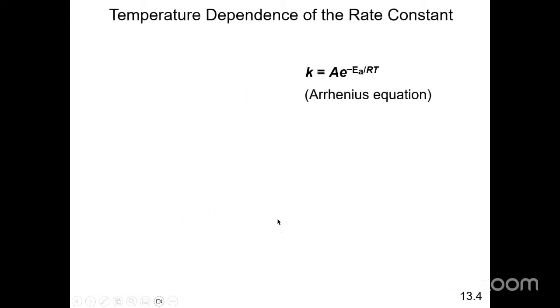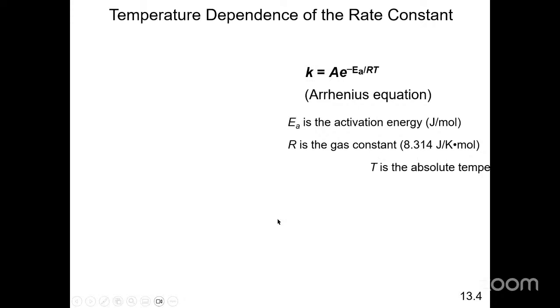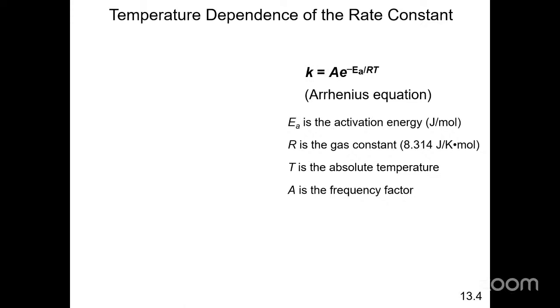So basically, A is a frequency factor, and I think I told you what it is, but just in case I didn't, it's basically a term which represents the successful collisions frequency, and also the fact that the collisions are such that the molecules are oriented in the correct way so that the reaction will take place.